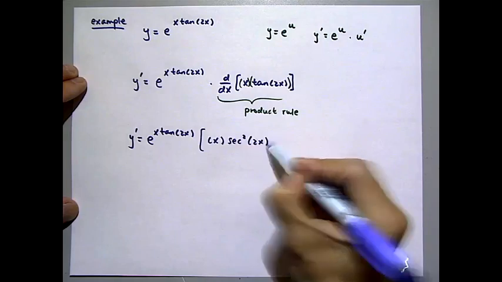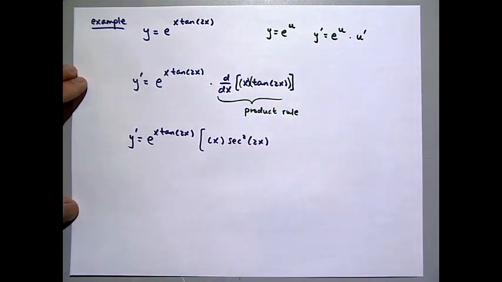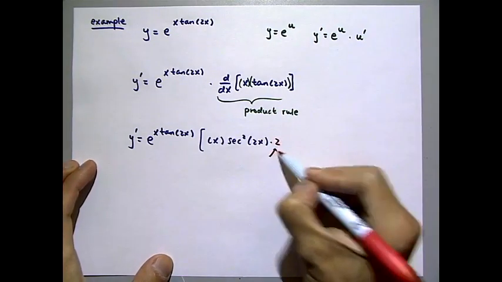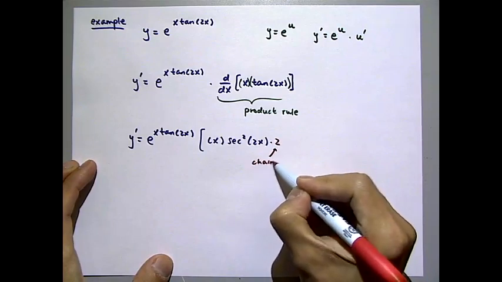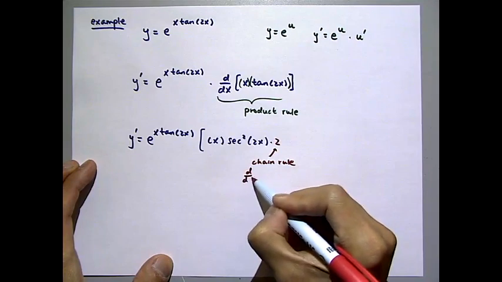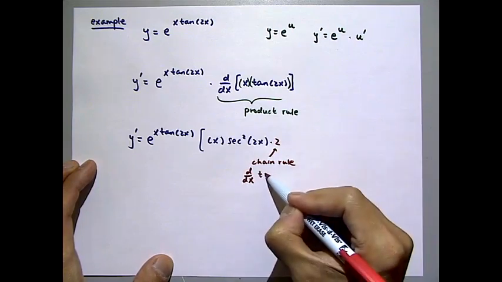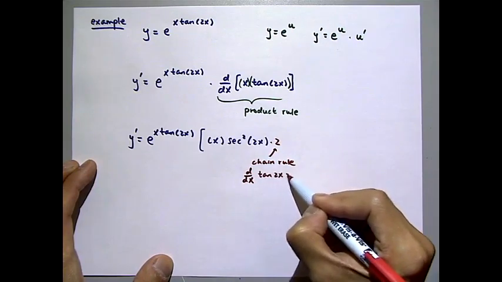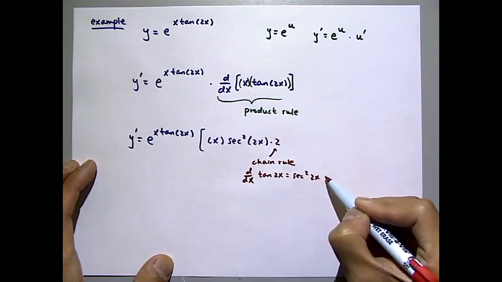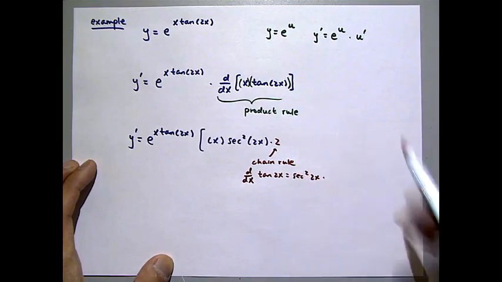2x. Is that it? Times 2. Chain rule again, that's right. Because the derivative of tangent of 2x is equal to secant squared of the same thing times the derivative of that, right?